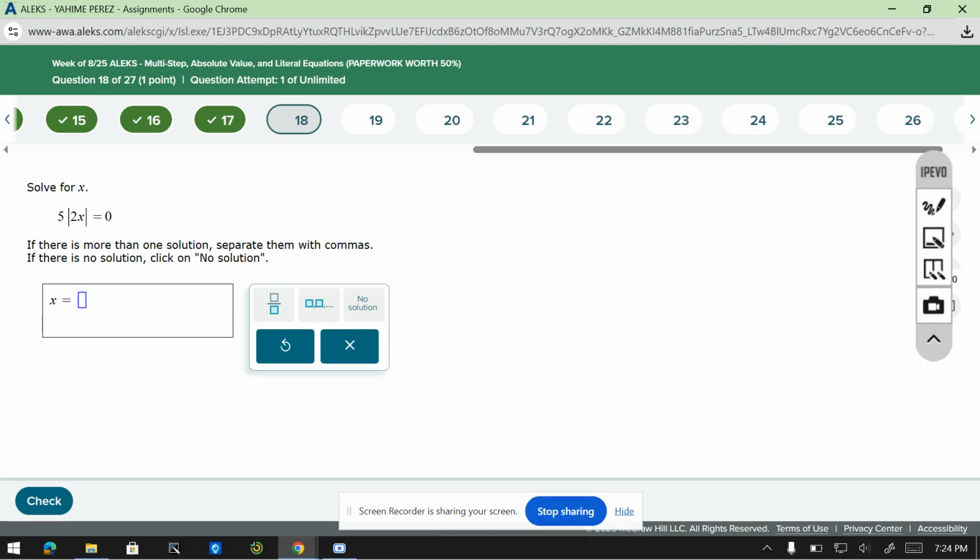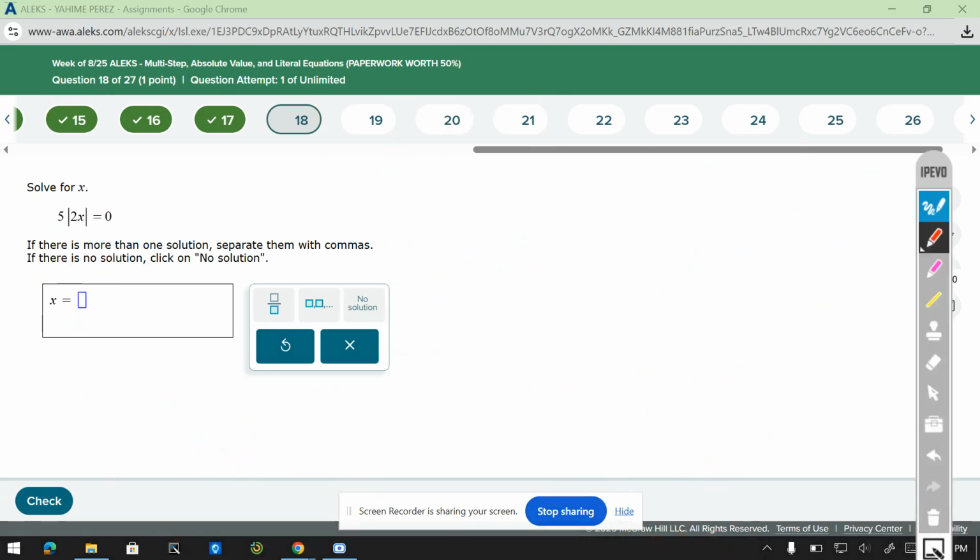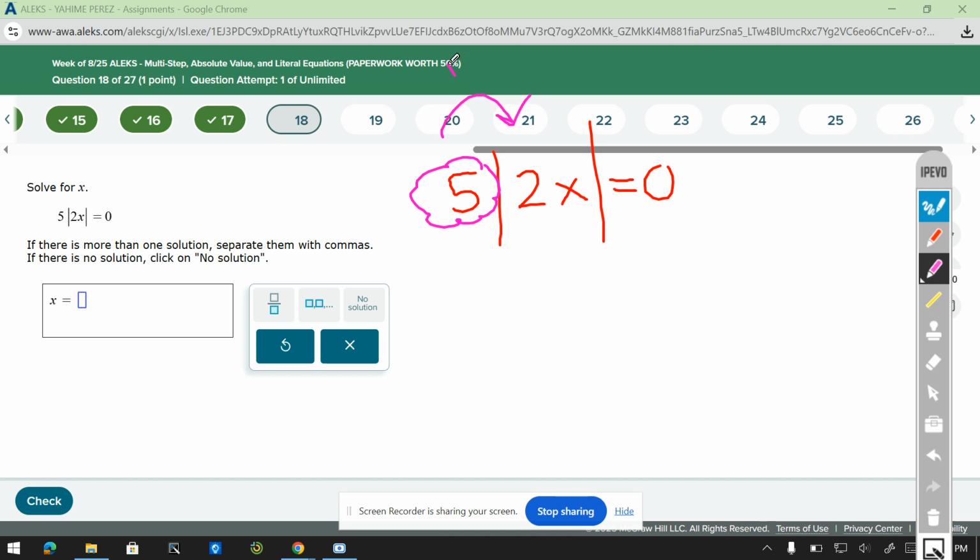Here we have our absolute value, but we have some stuff going on the outside. That's okay as long as we get rid of the outside of the absolute value first, remembering that we can never distribute into an absolute value.